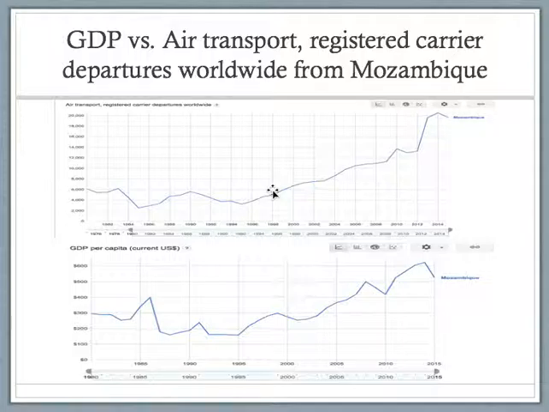Jumping forward 7 years in the GDP per capita graph, we can see a very positive correlation. From 2002 to 2006, the GDP increased from $260 to $385. This is another example of causation and how plane departures impact GDP per capita.